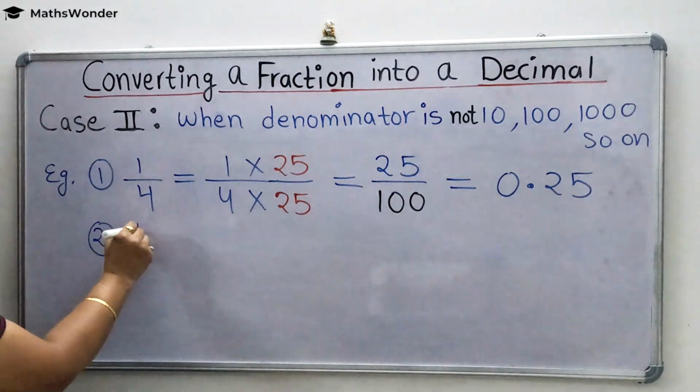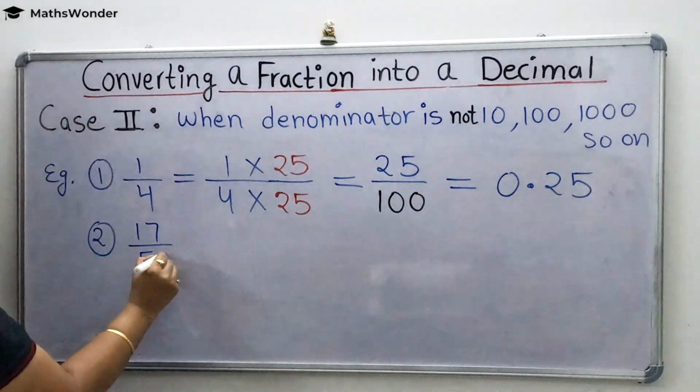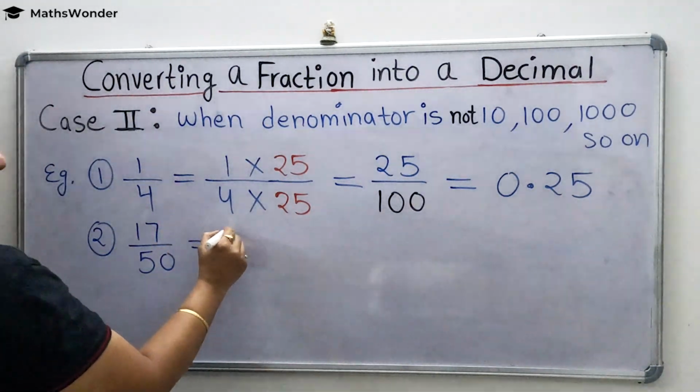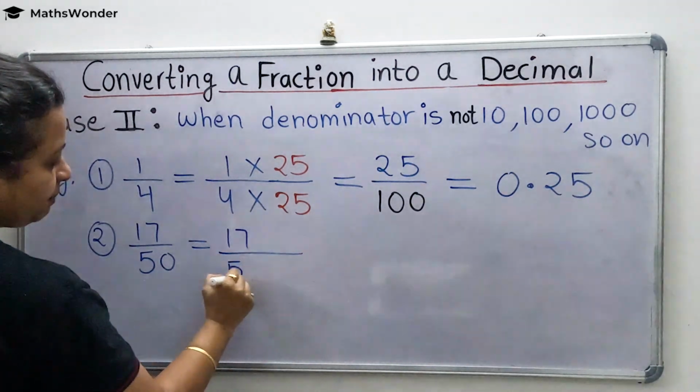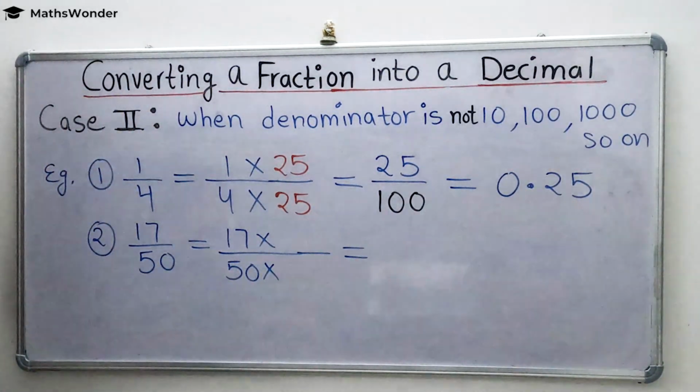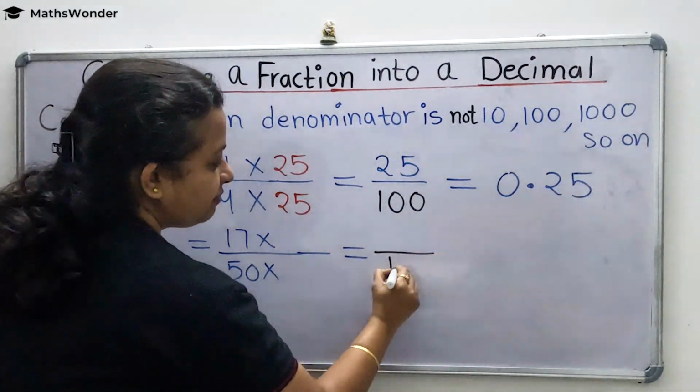Suppose the next is 17 over 50. When we need to convert this fraction into decimal, think about which number will suit for giving 100, 10, 1000, something like that. Definitely 50 will easily give 100.